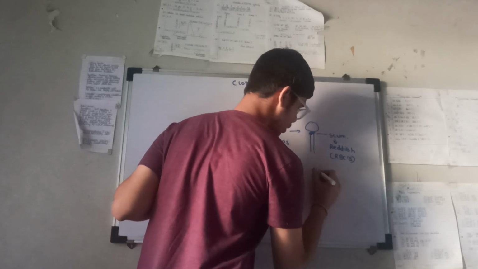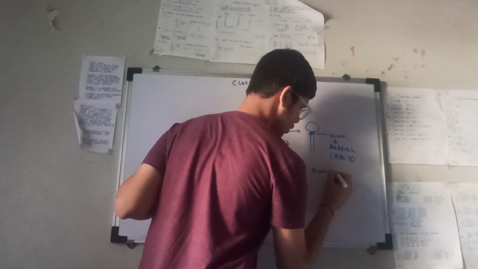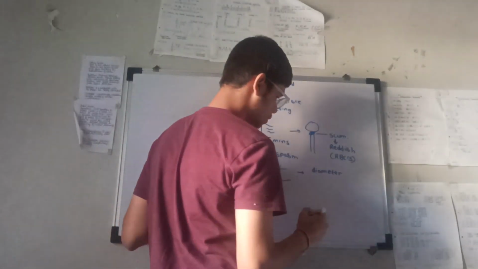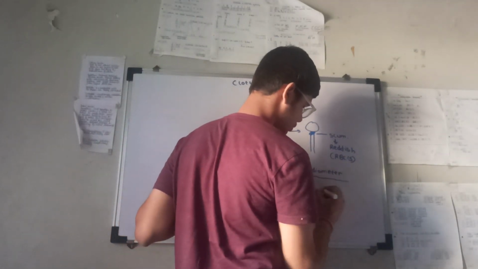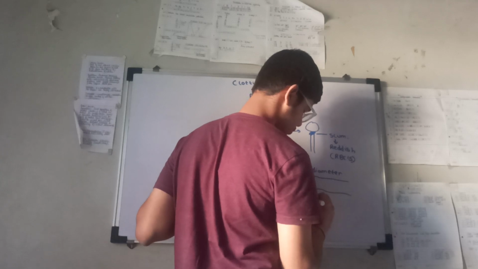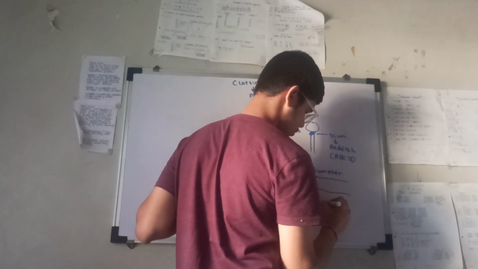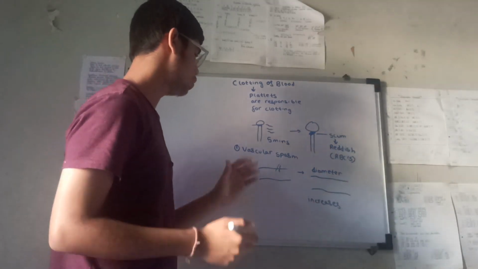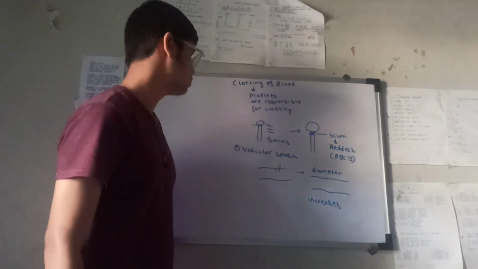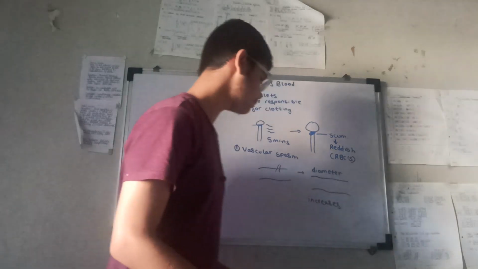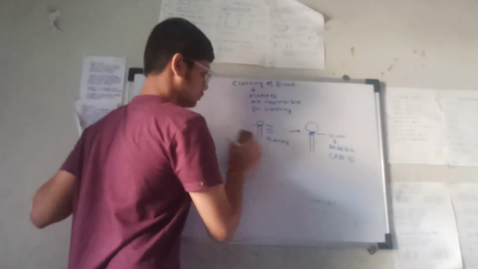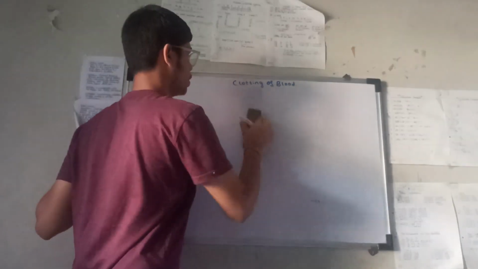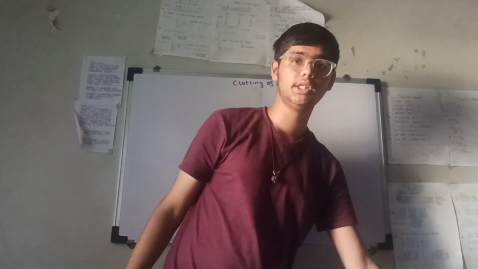The diameter of the blood vessel will increase a bit. This is called vascular spasm. So I hope this vascular spasm is clear.